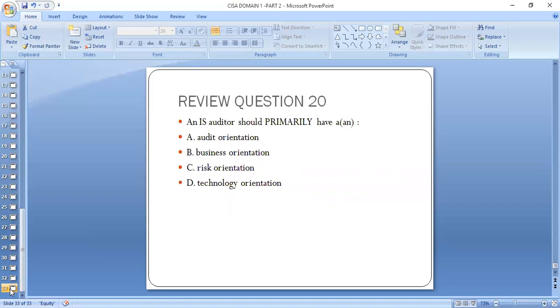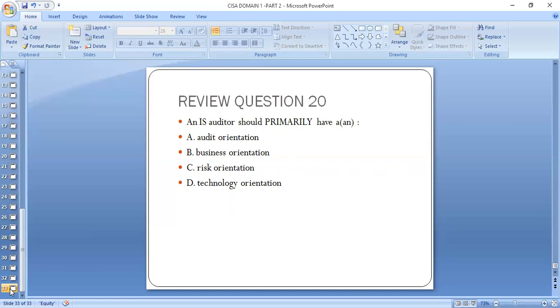A lot of candidates go for C, risk orientation, some will go for A, some actually go for B, and B is the answer, business orientation. An auditor shouldn't be so risk-minded that you forget about the business. Now, that's a tough one, and it's subject to debate, but actually that is the truth, right?